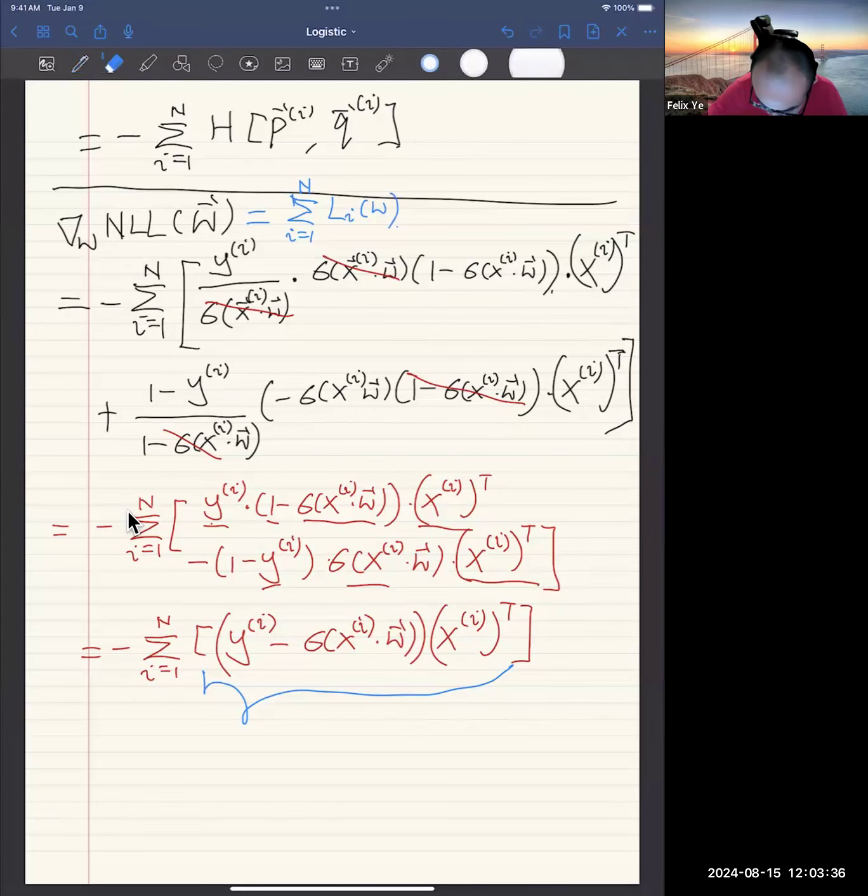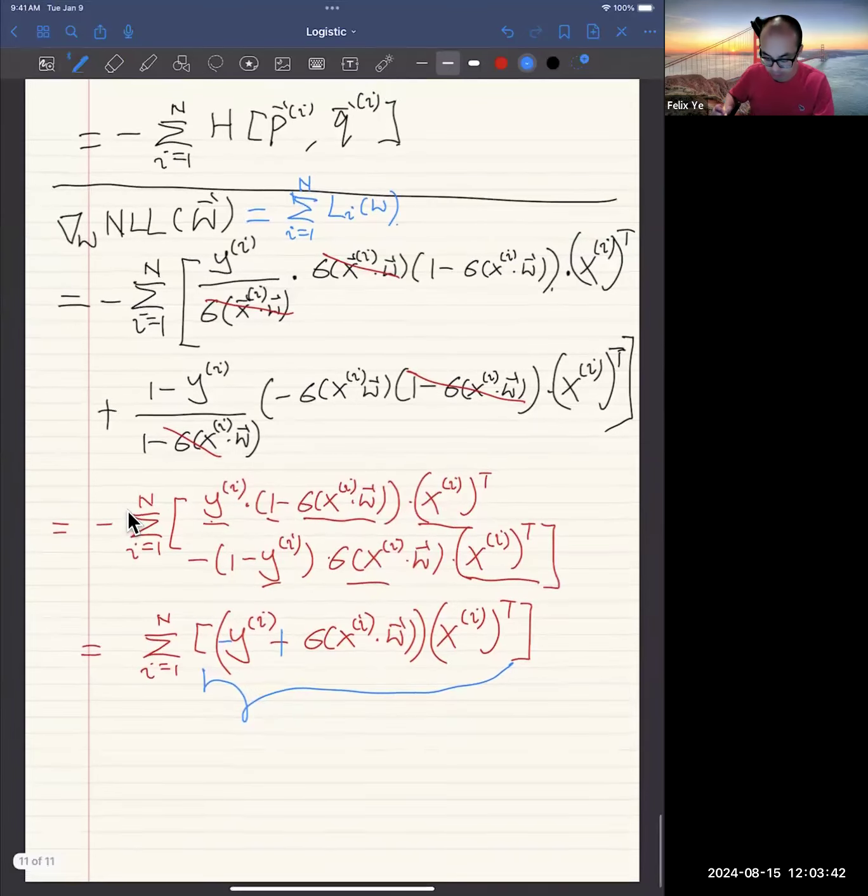So I move this minus sign inside. This becomes plus, this becomes minus. Each individual term right here is the gradient of the ith component of the loss, the gradient of Li.